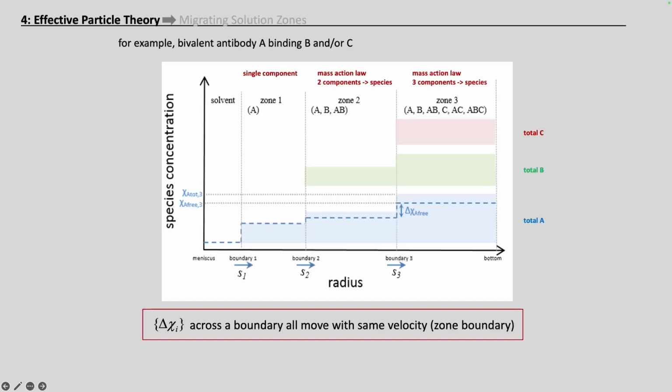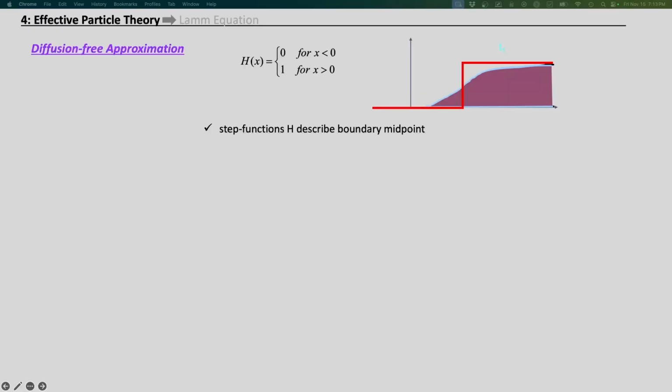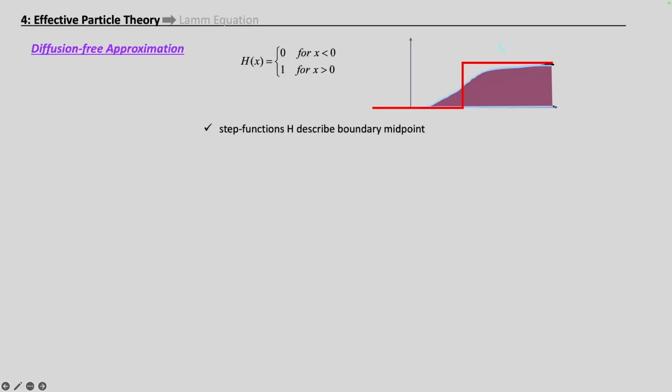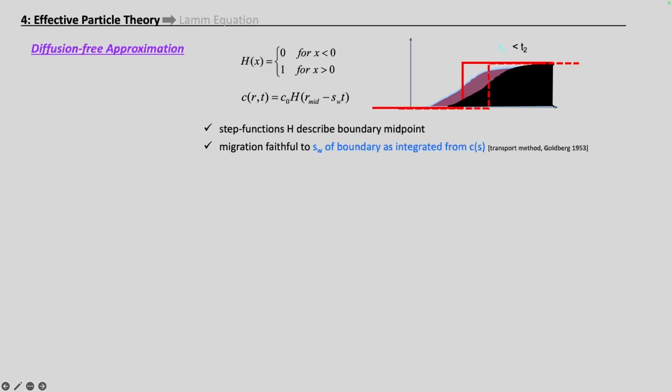Now we can package these fundamental considerations into a model of the sedimentation process. You will remember that we discussed earlier the idea of an infinitely sharp boundary that migrates, reflecting the sedimentation of non-diffusing species. And we found the very useful connection between the S value of that boundary and the integration of diffusion-deconvoluted c(s) distributions derived from experimental datasets.